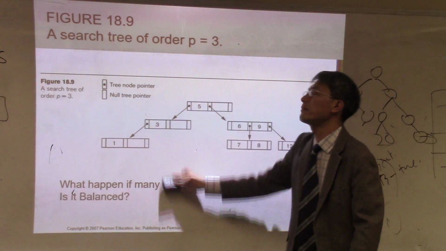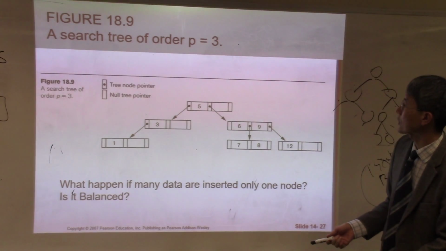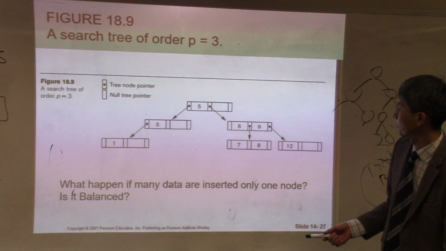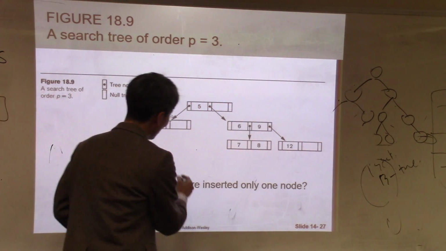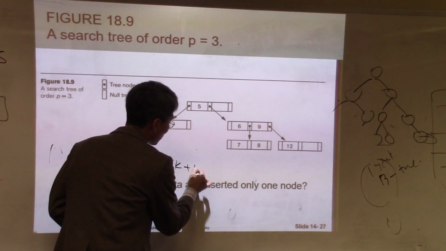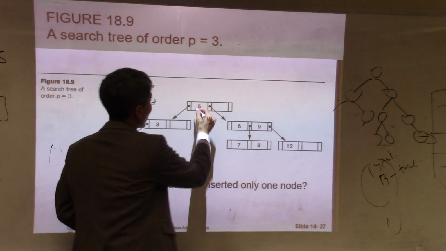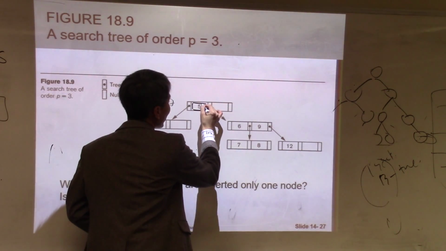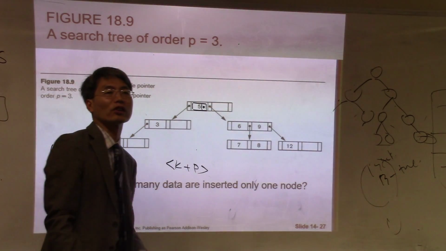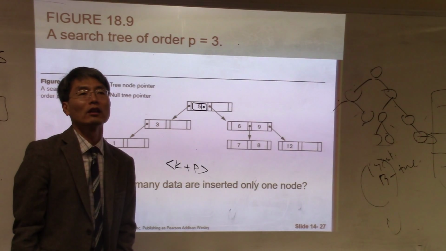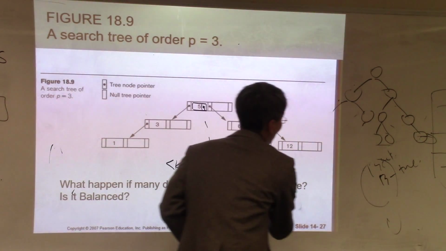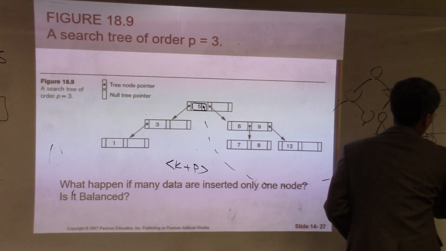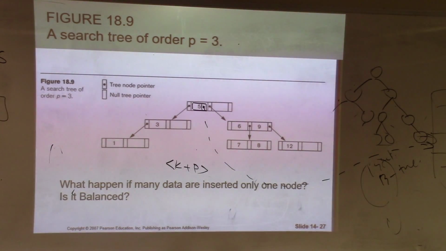This is actually simplified. So you need to understand each key entry. So we learned the key plus pointer, right? So each key actually has another pointer, like this one. What kind of pointer? It's the data block pointer.